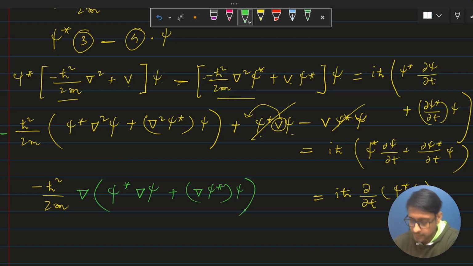In computers we call it asterisk, I try to call it asterisk, but this is called conjugate.